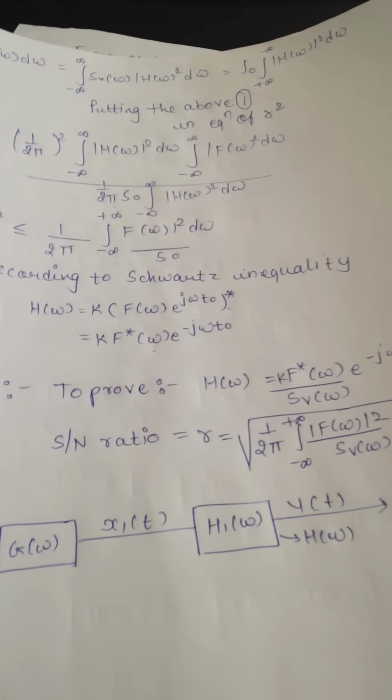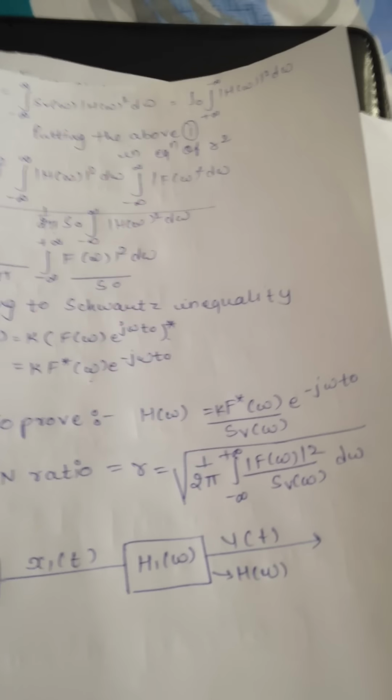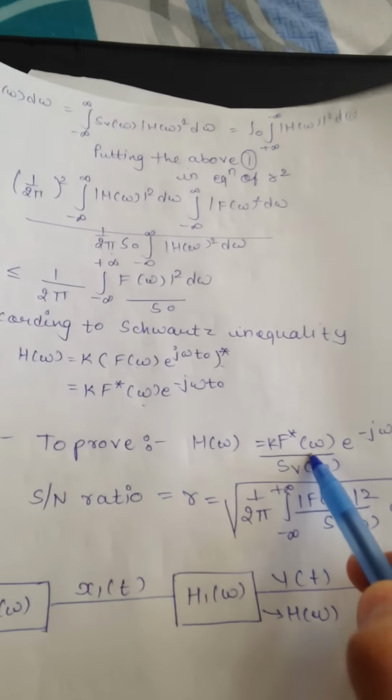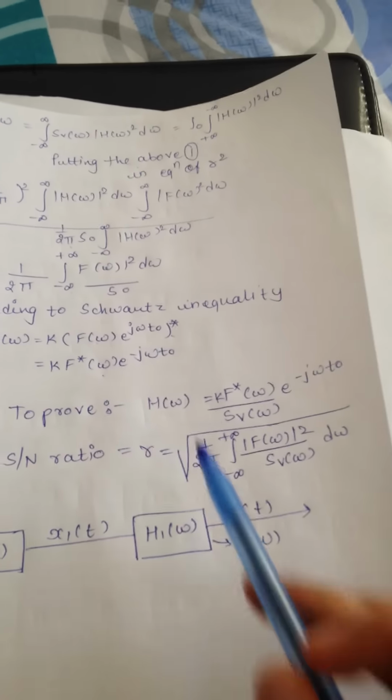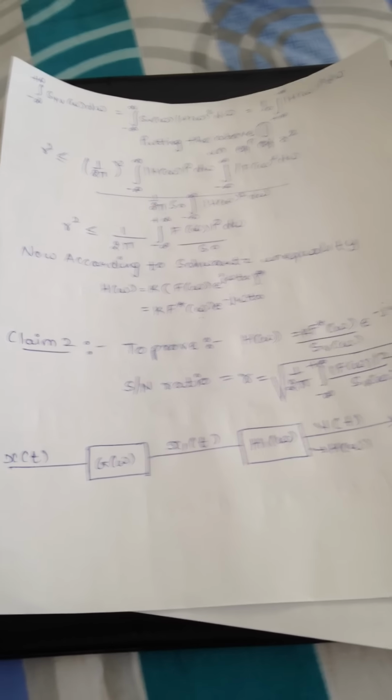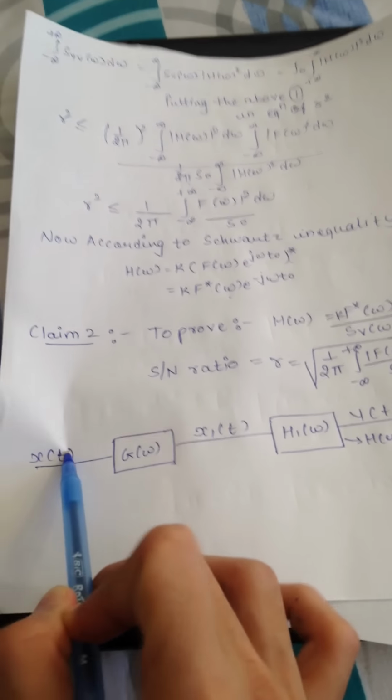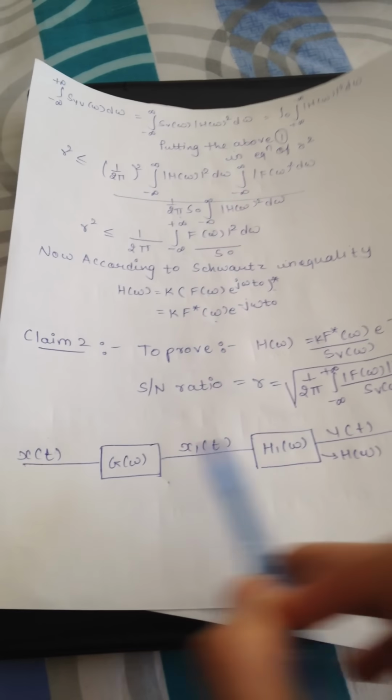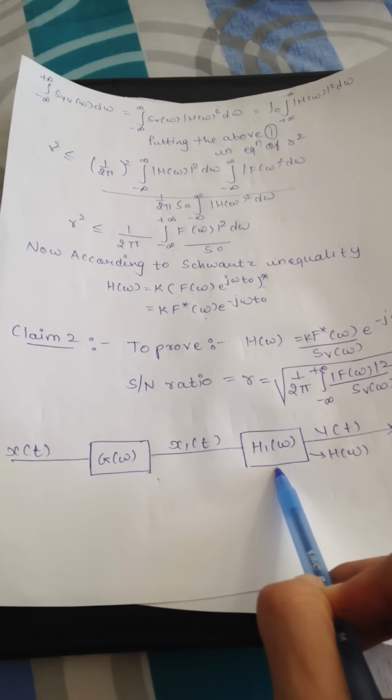In claim 2, we need to prove the system function as this and the signal to noise ratio as this. So now we know that this is our original signal, and these are both intermediate transfer functions.